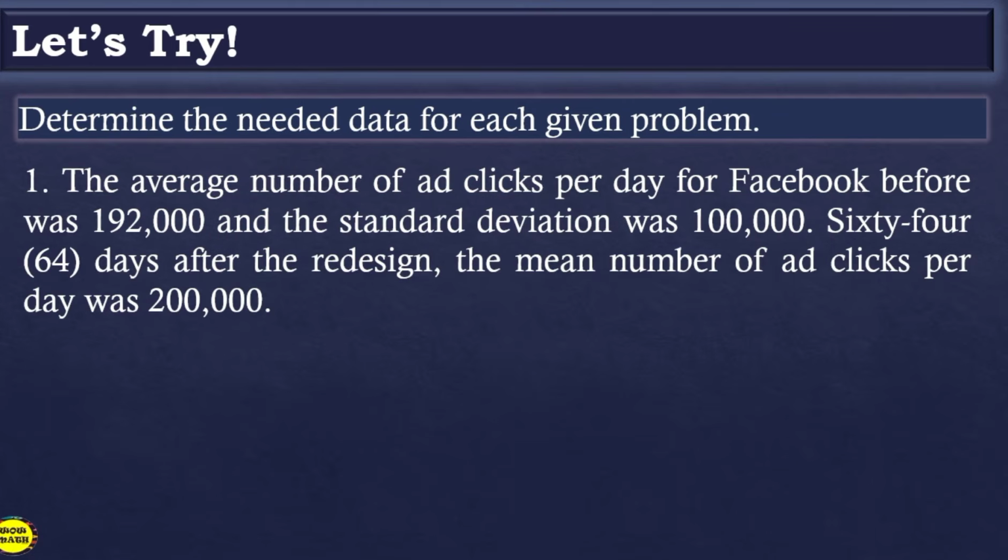So let's try. Number 1, the average number of ad clicks per day for Facebook before was 192,000 and the standard deviation was 100,000. 64 days after the redesign, the mean number of ad clicks per day was 200,000. So what are the given data in this example?